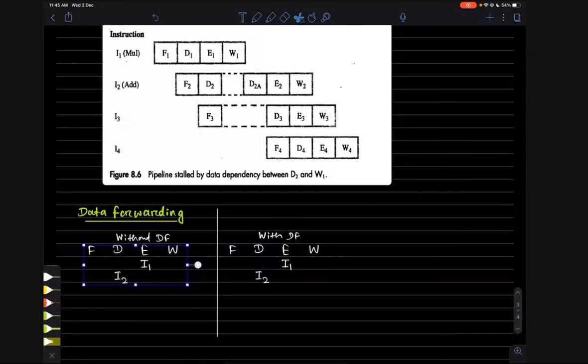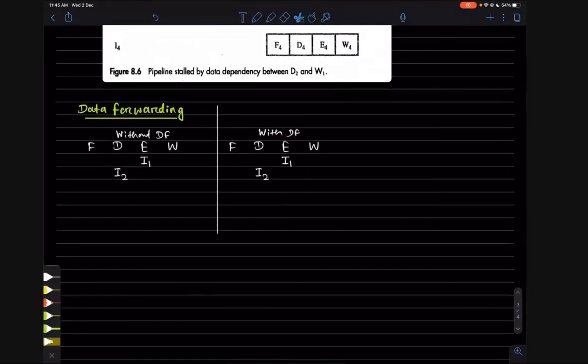Currently in this cycle, either way, our instruction I1 is in the execution phase, and I2 is in the decode phase.